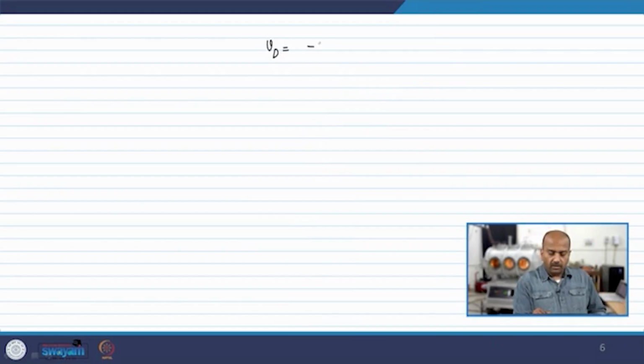We can use this in the diamagnetic drift velocity expression. V_d is minus k T del n cross B by q n B squared. The concentration gradient is perpendicular to the magnetic field.